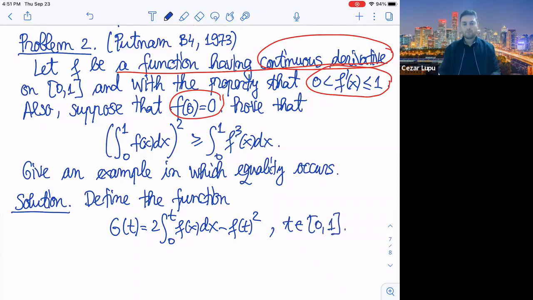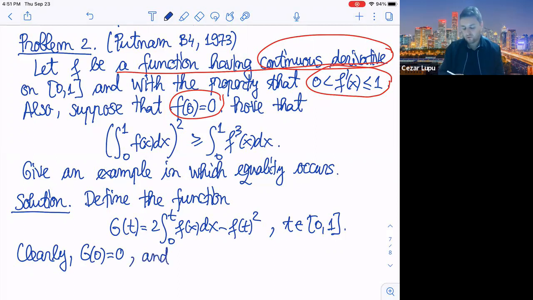If you look at this function, it's just the difference between the integral and the square of f. Clearly g of 0 is 0, because f of 0 is 0 as well. And if we take the derivative, of course the function is differentiable: since f is C1, the integral is differentiable.